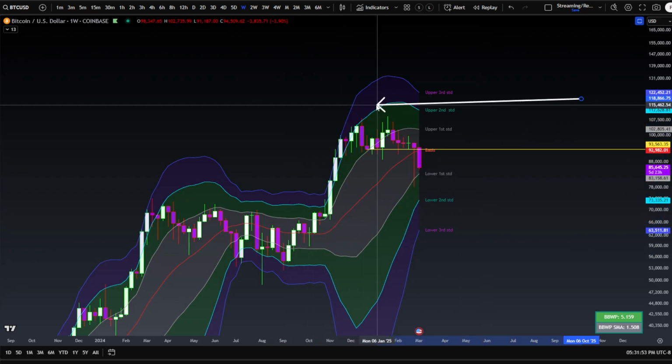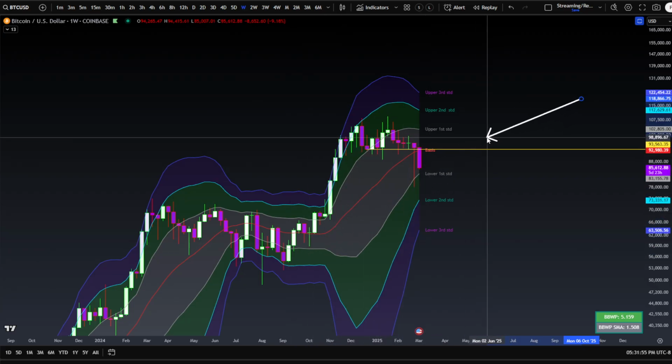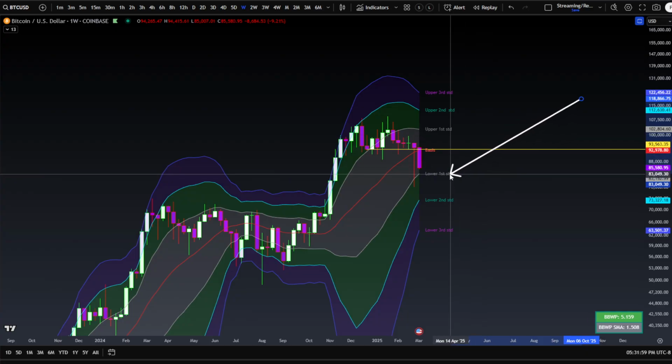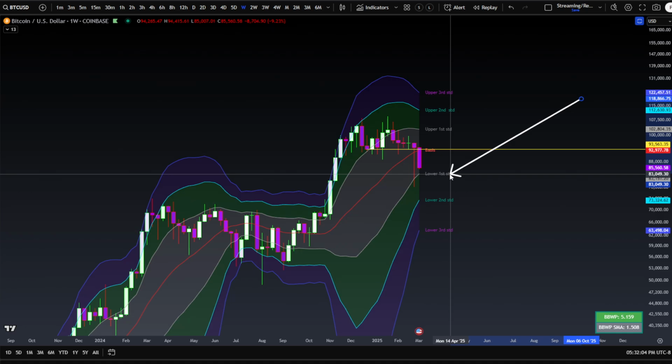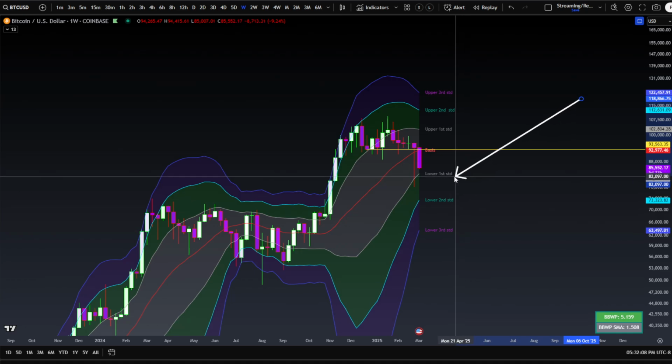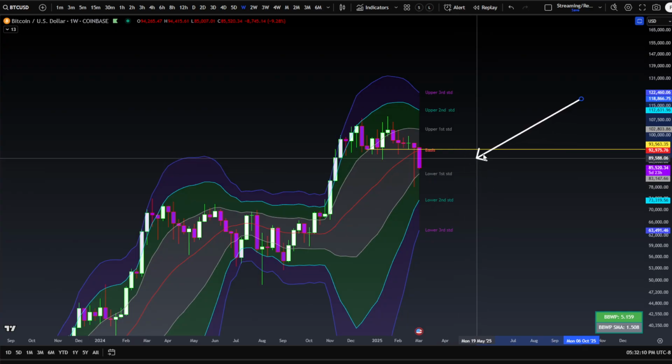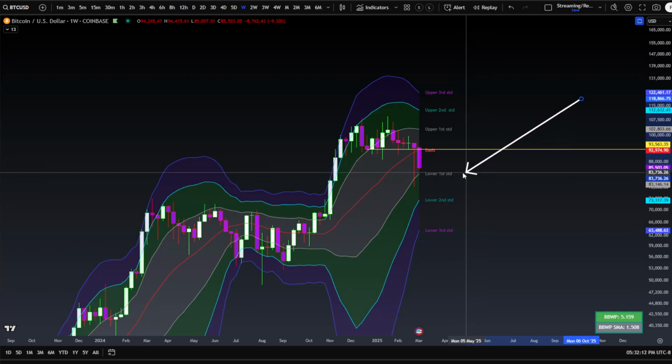We had the big expansion to weekly compression, the area that the bulls need to hold on a weekly closing basis to prevent further expansion close over close would be holding on closes above the lower first now at 83,150.